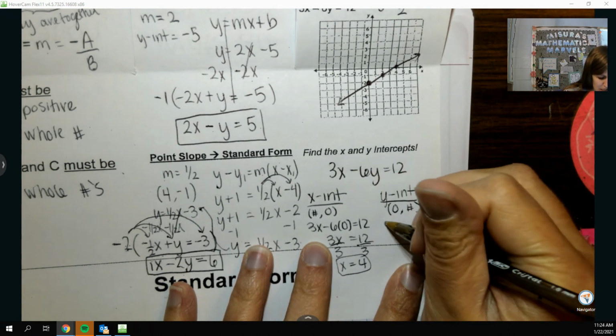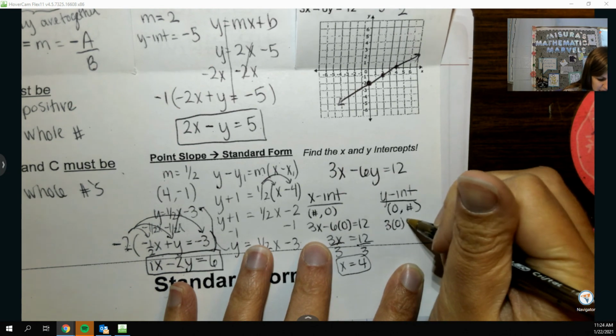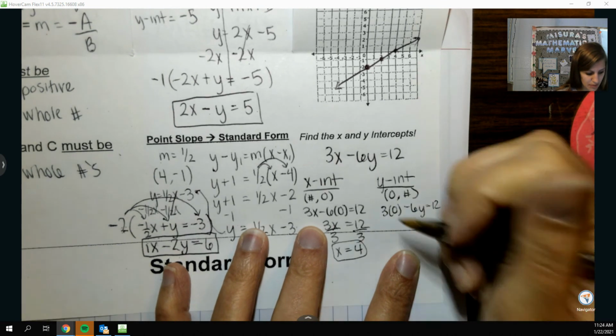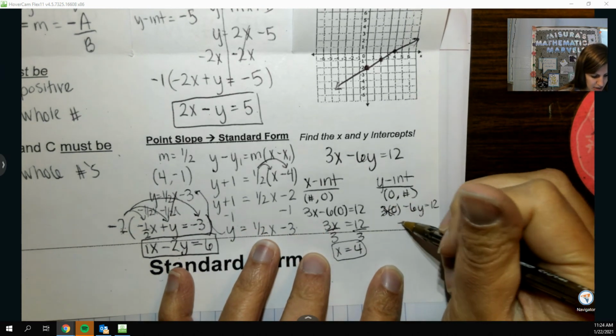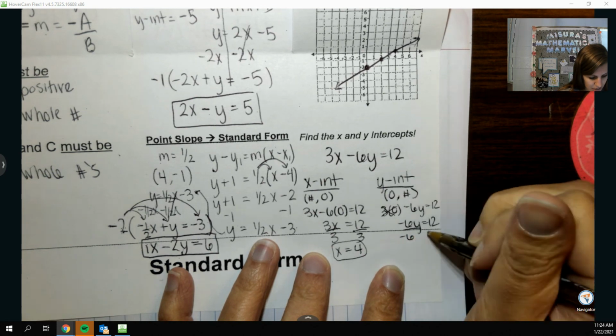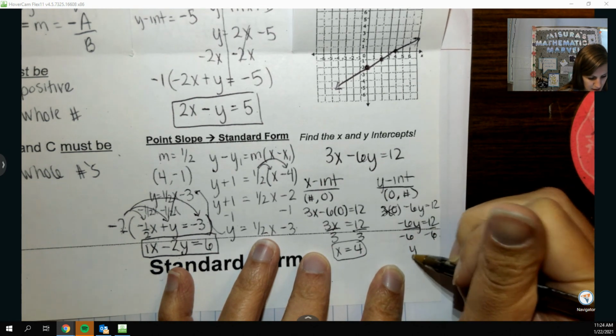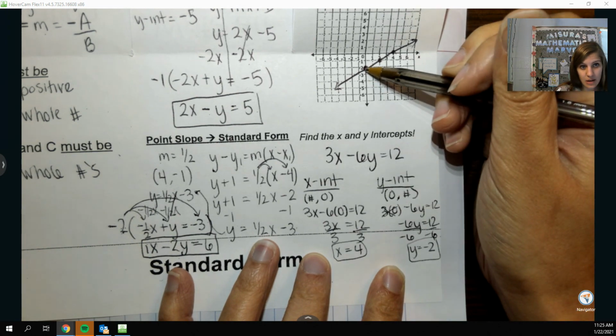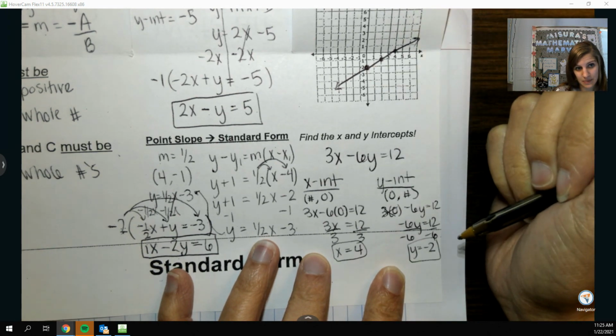So I can put 0 in for x, which will make the whole x term disappear. And so we'll have -6y equals 12, and then I can solve for y. So y is -2, which I knew it was going to be from what we did before.